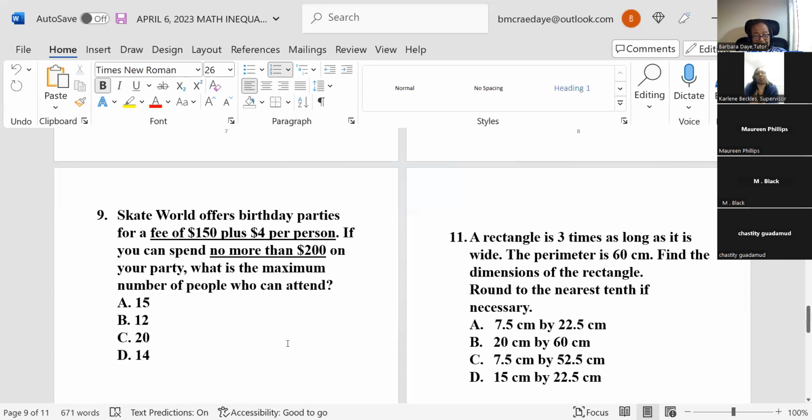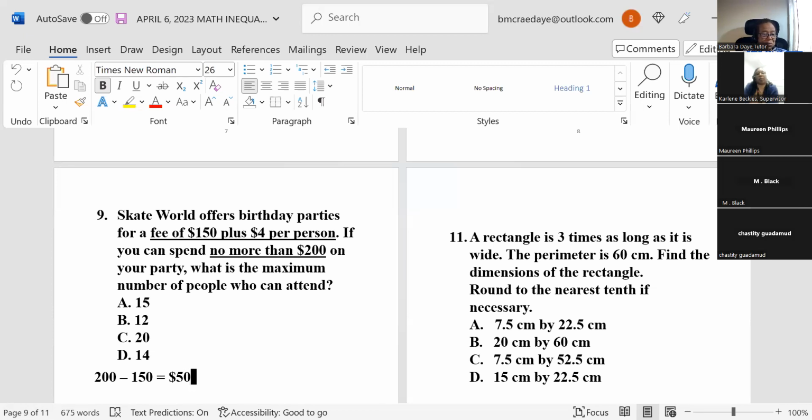So the 200 minus the 150, let me just put it here. 200 minus 150 equals 50, right? Divide by 4. Divide the 50 by 4, 12.